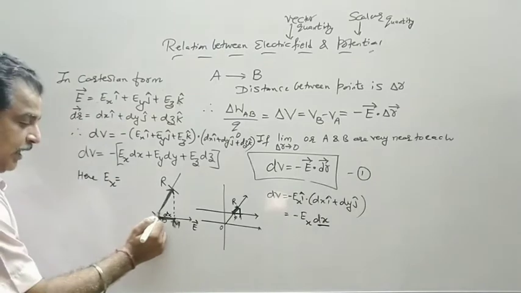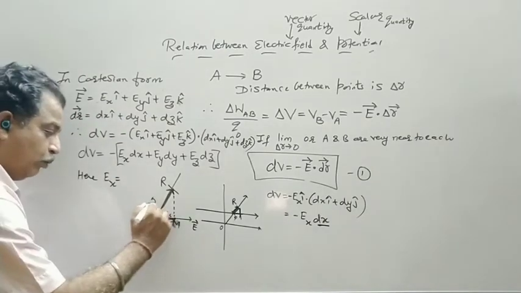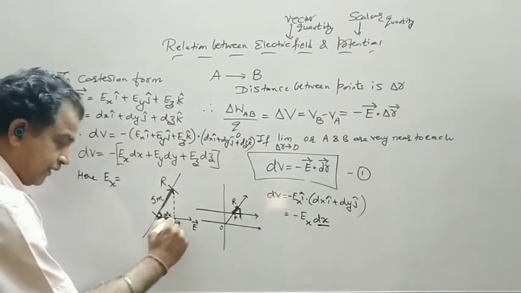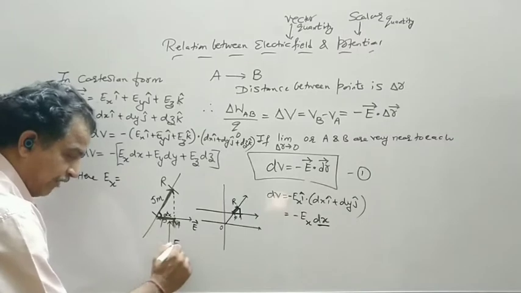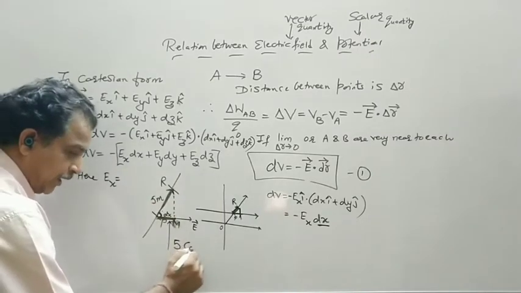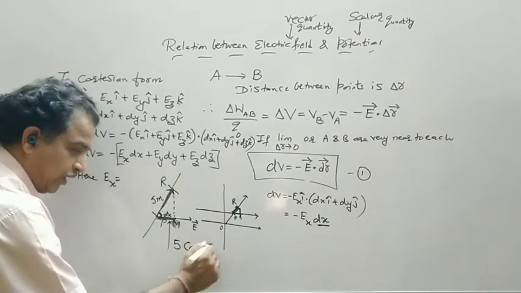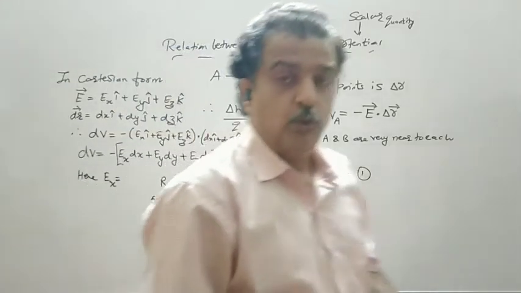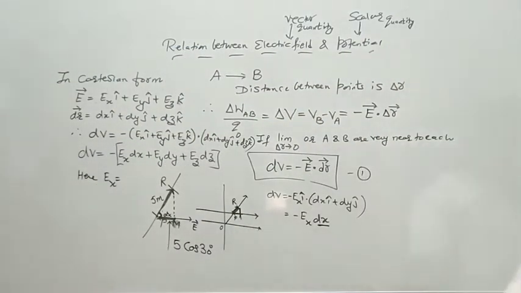So if this theta is given, and if I have moved 5 meter, in the place of dx, I will write 5 and say the angle is 30 degree. So I will write 5 cos 30. So this is how you have to deal with the relation.